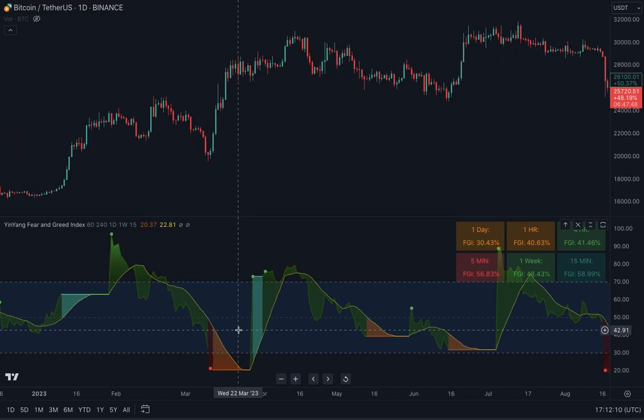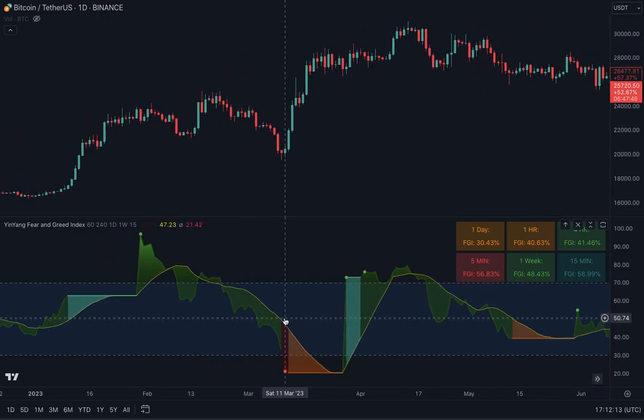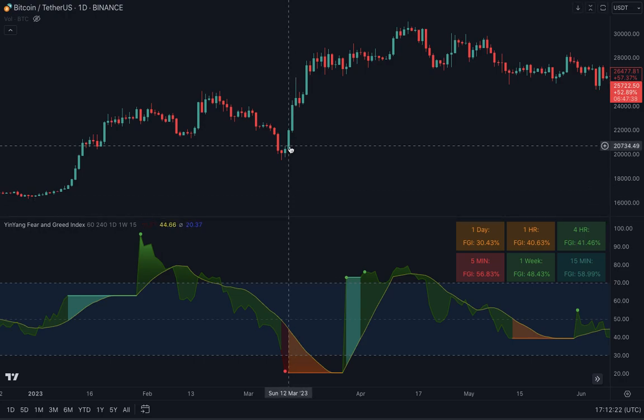Sometimes you'll see it happen where you'll get a fear symbol, and then very quickly it's neutral. And usually what that means is that price changes have occurred drastically after that signal has happened.